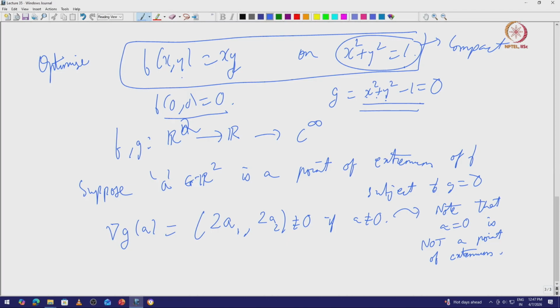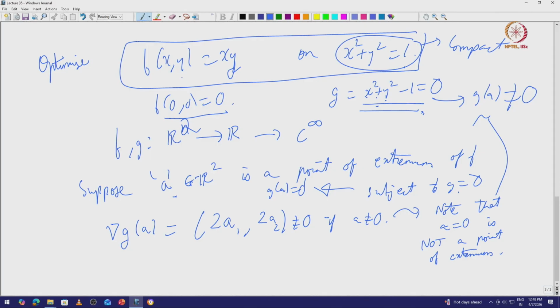The other point is, A equals 0 does not lie on this constraint. g of A is not 0. A is a point of extremum subject to the constraint. So, in particular g of A must be 0, but g of A is non-zero. Okay, so for two reasons. We don't even need the first reason actually. This is good enough to say that A equals 0 is not a point of interest simply because g of A is non-zero there. Okay.